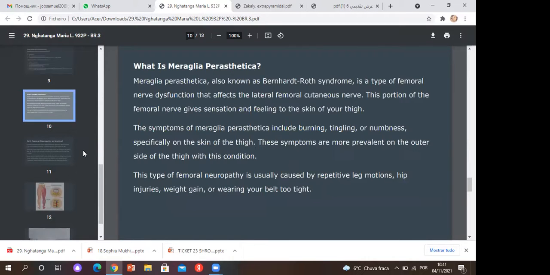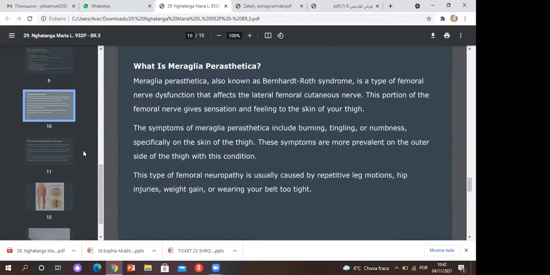So what is meralgia paresthetica? This is also a type of syndrome or disease that is associated with the femoral nerve. It is also known as Bernhardt-Roth syndrome. It's a type of femoral nerve dysfunction that affects the lateral femoral cutaneous nerve.